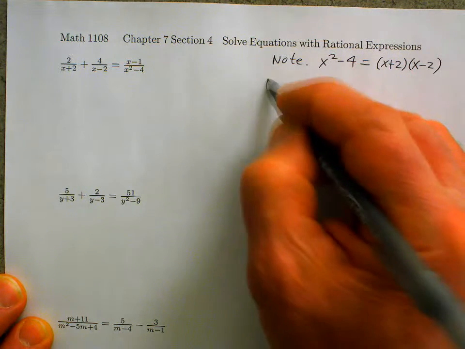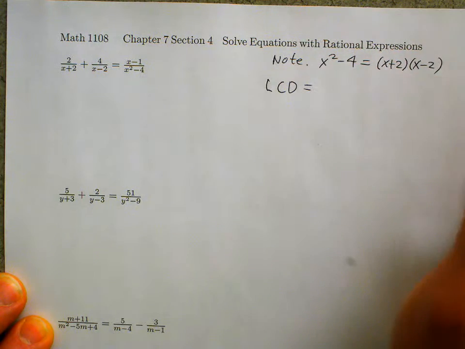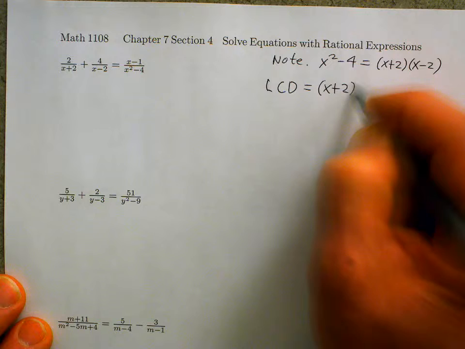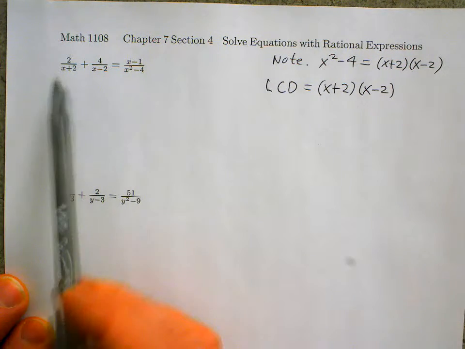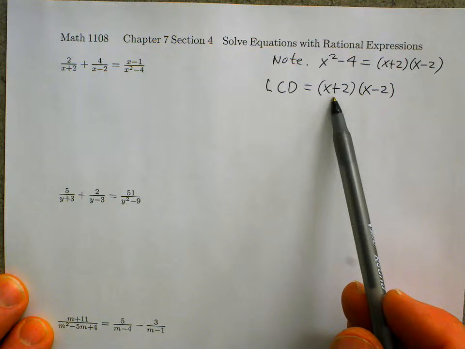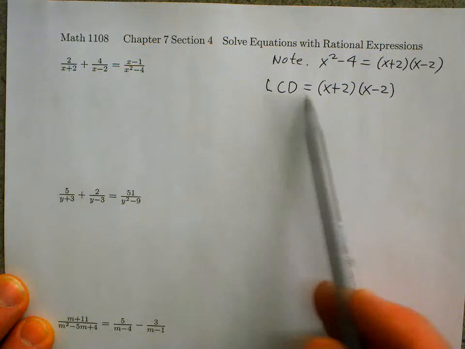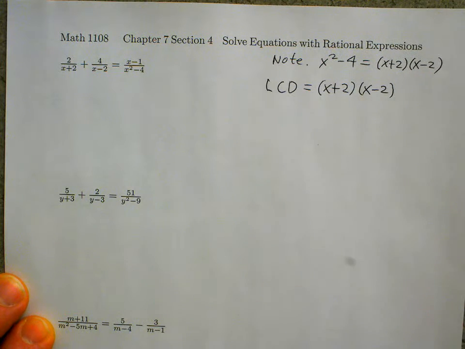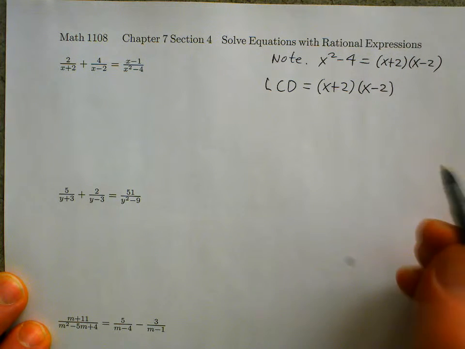So the least common multiple of the denominators, or just the least common denominator, is x plus 2 times x minus 2. So if we multiply every term on both sides of that equation by x plus 2 times x minus 2, we will clear the denominators.